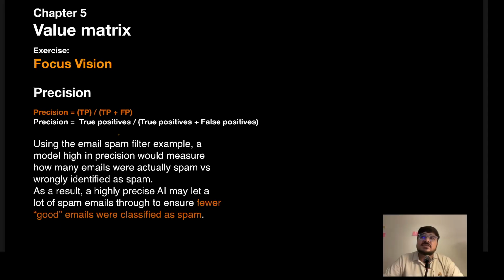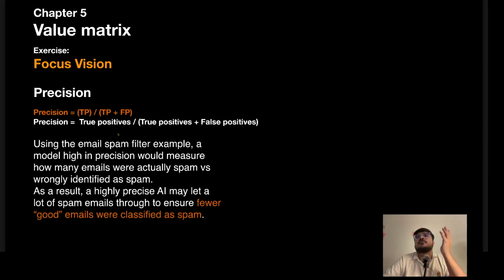What is precision? There is also one more value metric called precision. In precision, mostly you want to be true, so it's true positives divided by true positives plus false positives. Understand this scenario where you are using an email spam filter.